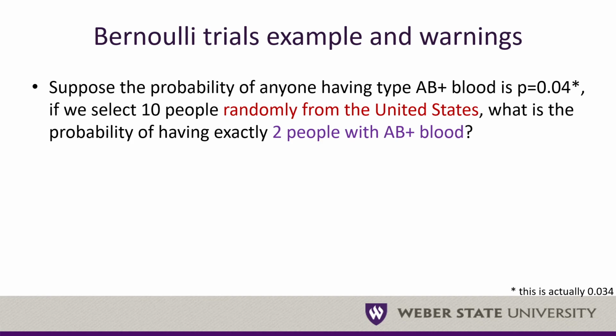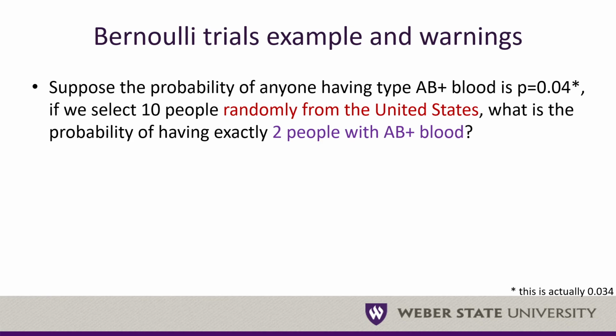Let's say we know one city in the United States has a high number, for whatever reason we had the AB positives all moved there. So we have a city where it's 50% likely, then we would have something different going on. And we could test that by going out and grabbing 10 people on the street.